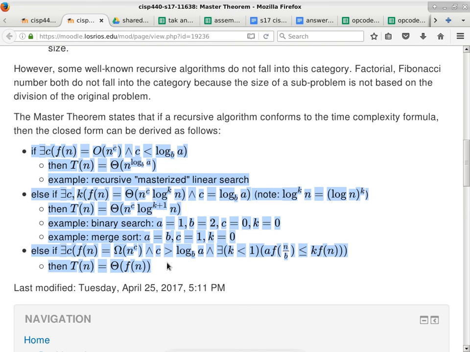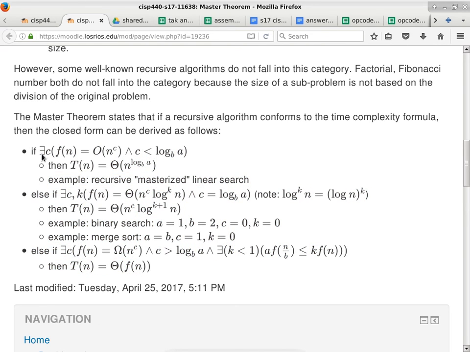This is a multi-branch conditional statement because it says right here, if there exists a constant c of some value, such that f of n, which is the overhead portion of a recursive call, is big O of n to the power of c, and c is less than log base b of a, then we can conclude that the time complexity of this algorithm is big theta of n to the power of log base b of a.